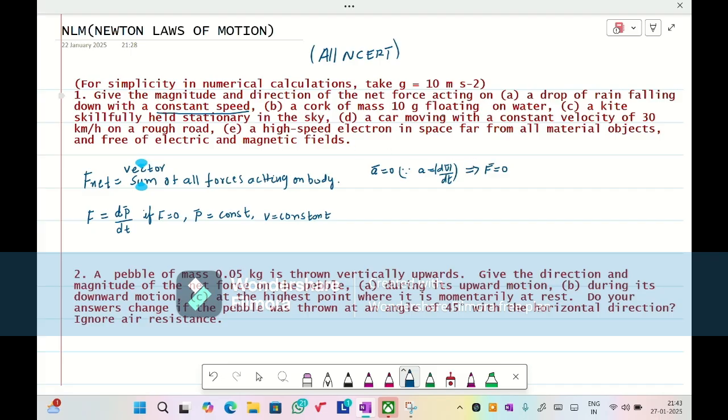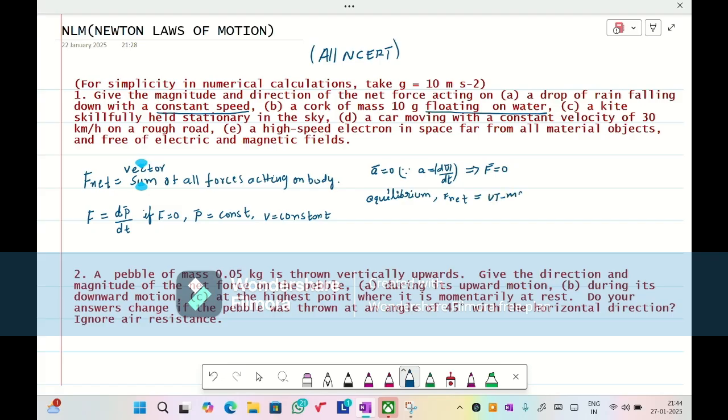A cork of mass 10 kg floating on water. Floating means equilibrium, so net force F net is equal to 0. The F net is the vector sum of all the forces on the floating body, that is upthrust minus mg.